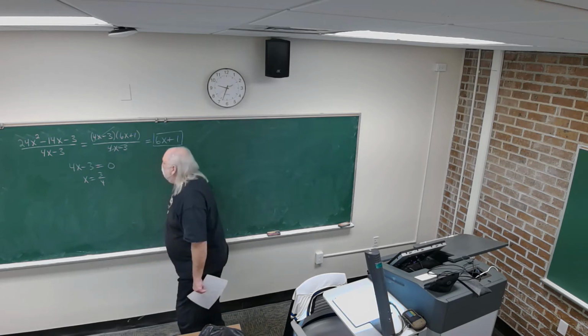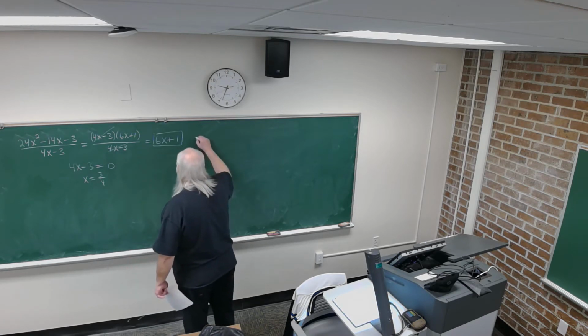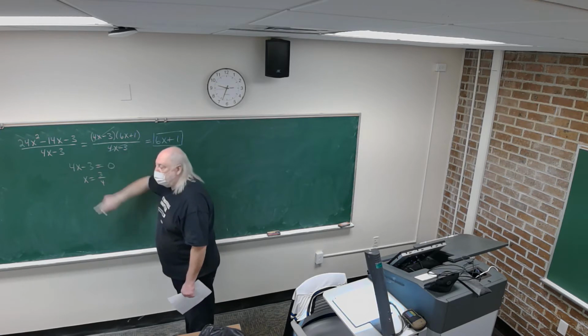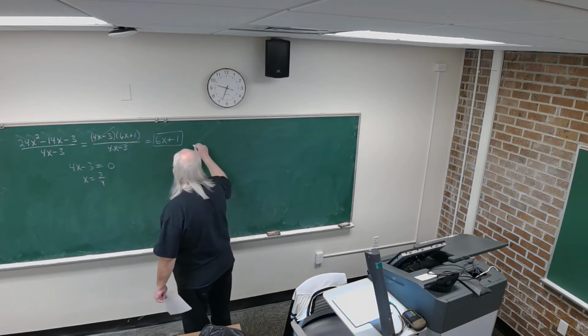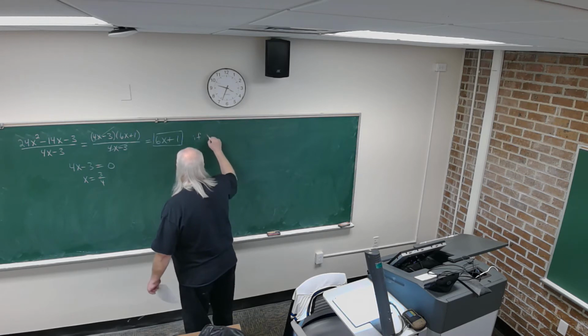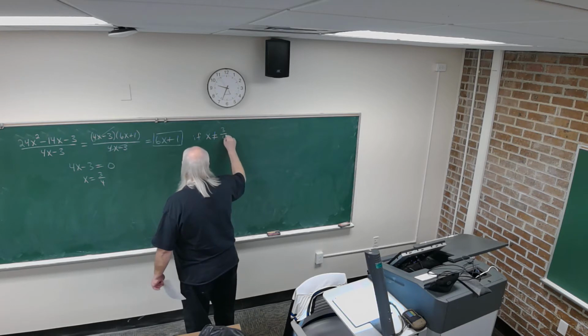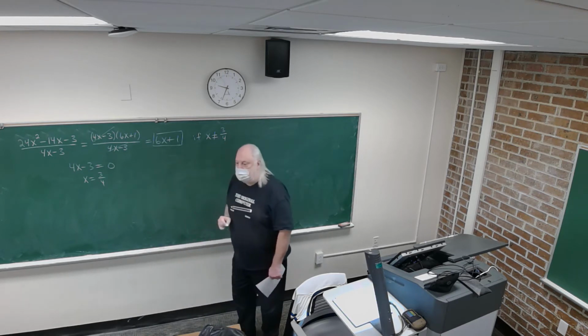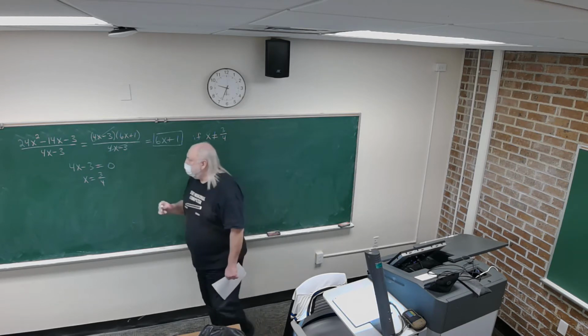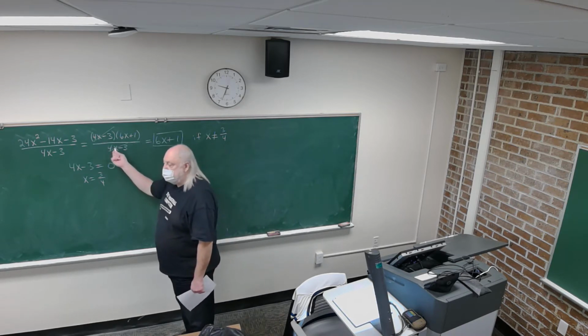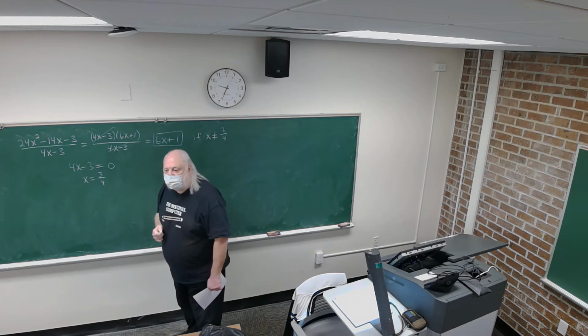So this rational expression reduces to 6x plus 1 as long as x does not equal 3/4. If x is equal to 3/4, we're going to end up with 0 divided by 0, which is undefined.